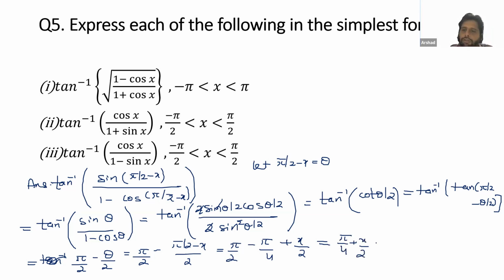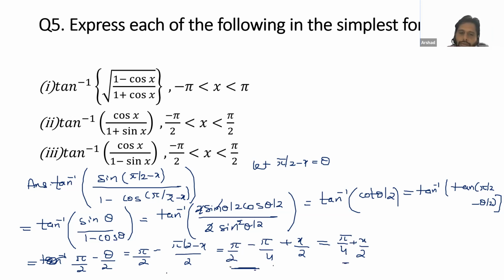Okay, Fahad, why are you getting 1 by 2? Fahad, is it clear? Can you explain that last step? Yes, sir. So pi by 2 minus x by 2. You just need to subtract. Pi by 2 minus pi by 4 is what?